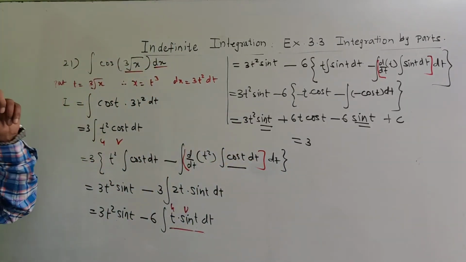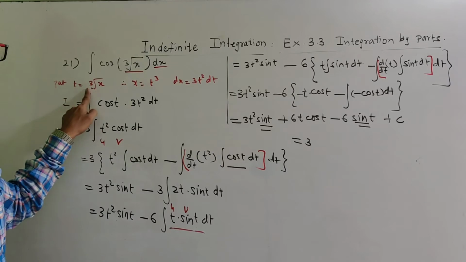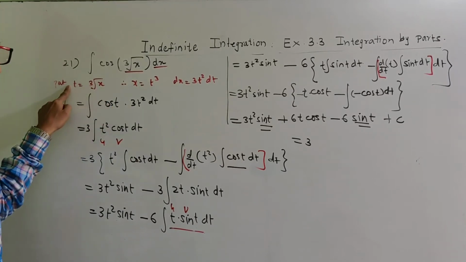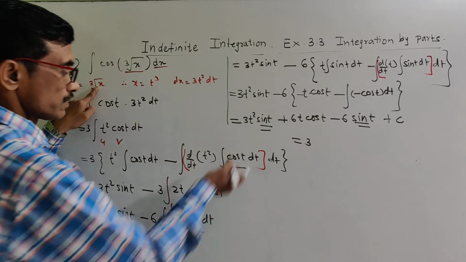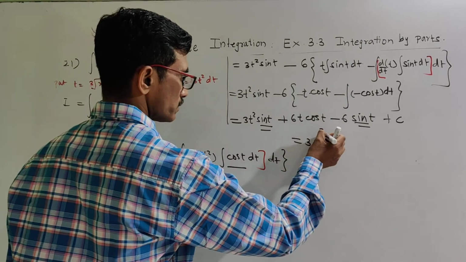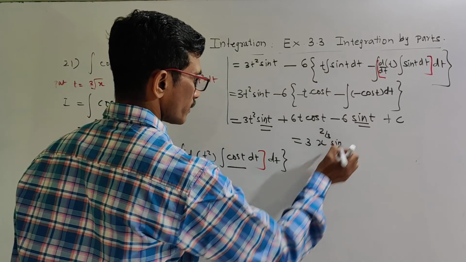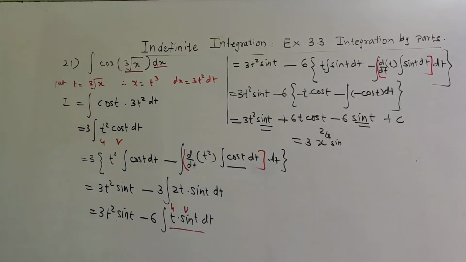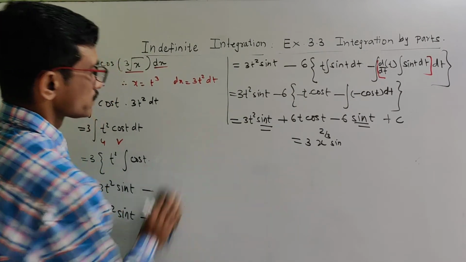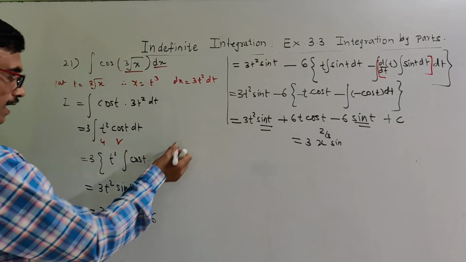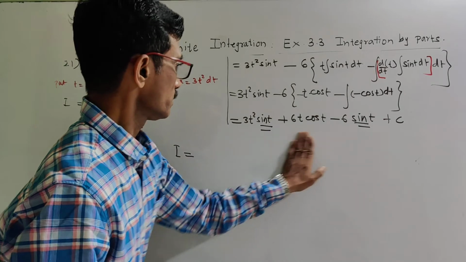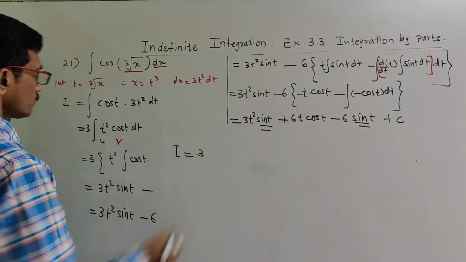See, t is equal to cube root of x, so that means x raised to power 1 by 3, and t square will be x raised to power 2 by 3. So finally we can write the answer as integral I is equal to 3t square, that is 3 into t square.